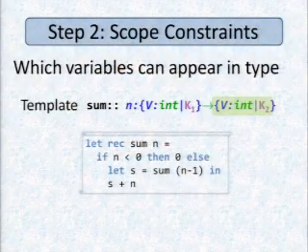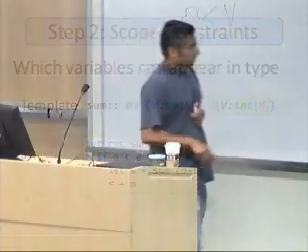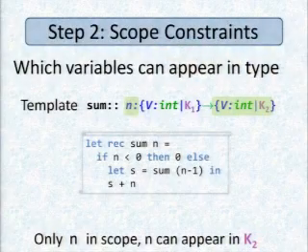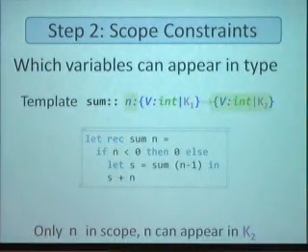Let's get to k2, which is the output. Here we go. As far as k2 goes, n is in scope because n was the input variable. So I want to say something about the output in terms of the input. So n is in scope, and so n can appear inside k2.